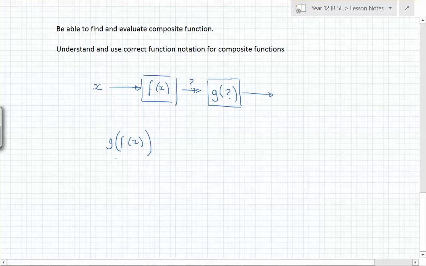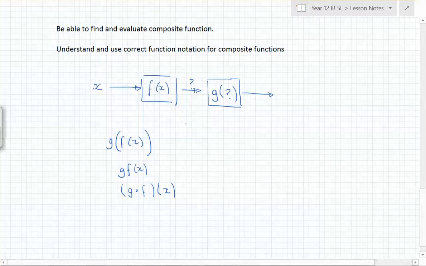Another way you might see it written is just gf of x, or, as is in the book, I think, g circle f of x. A little circle-y dot thing. Yeah. Right. So, different notation, whatever you want to do, as long as you recognise that's what it means.